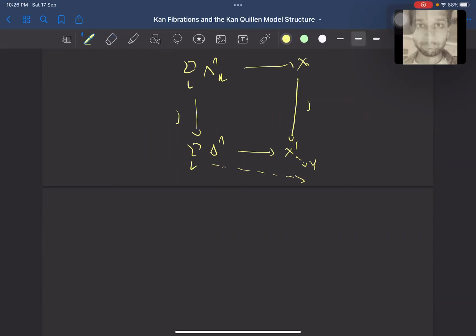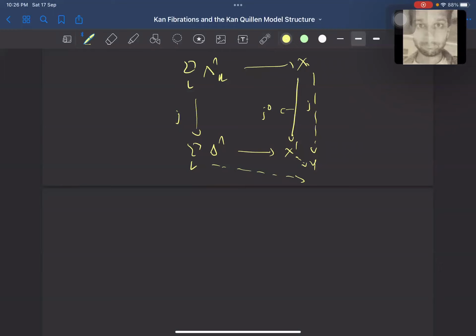I'm sorry. So you take the pushout square and then you have this, where this map will also be anodyne. Then because of the closure property that we have, we'll end up with a commutative diagram.